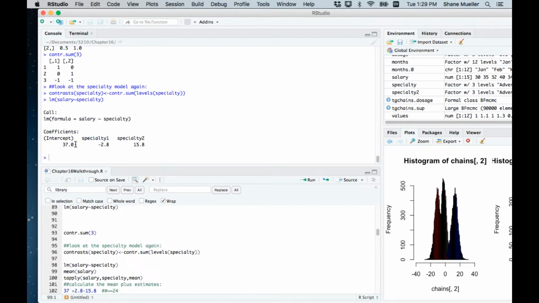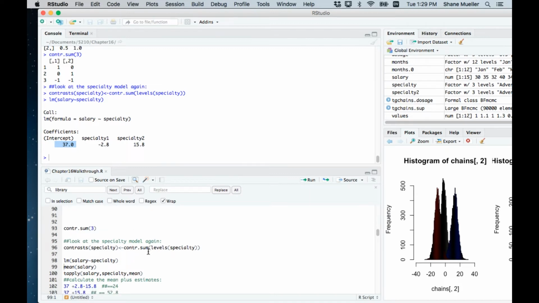But here, instead of treatment coding, where the intercept is the first level, now the intercept is the grand mean of the whole system, and then we've coded these two other things with respect to differences between groups. The only problem is you've got to figure out what this means.